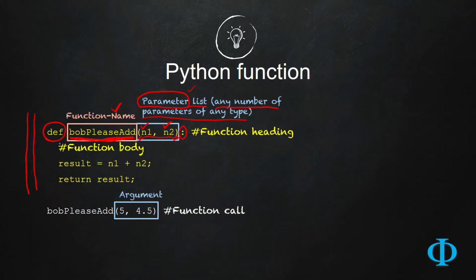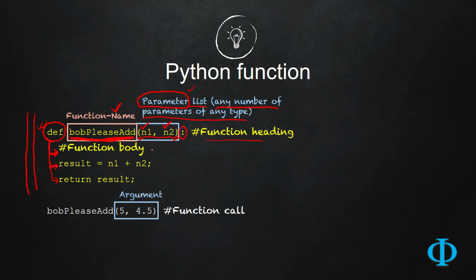And after that, whatever you write by putting a little bit of indentation after this function heading line is called the function body. So this function body should be written by putting a little bit of indentation after this entire heading line, just as you can see in here.